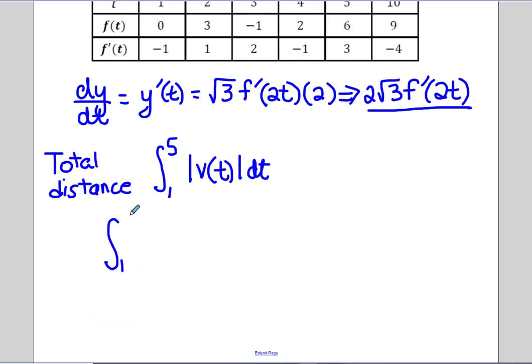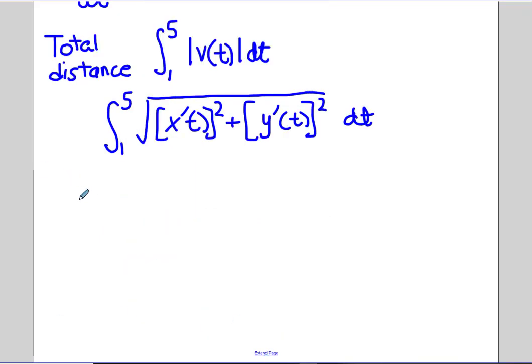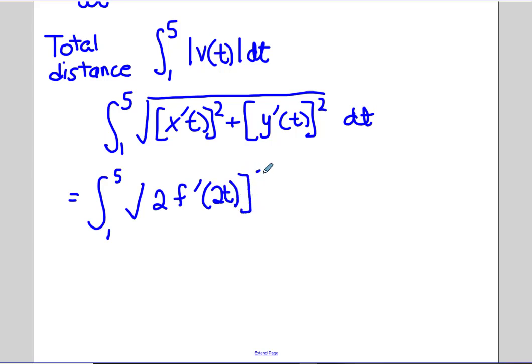So that's going to be 1 to 5 under the radical, and we've got x prime of t quantity squared plus y prime of t quantity squared dt under the radical. That's one of the biggest mistakes, is to forget the radical there. So just be very careful. So from 1 to 5, what was our x of t? Was 2 f prime of 2t quantity squared.